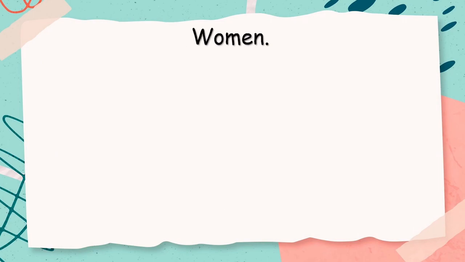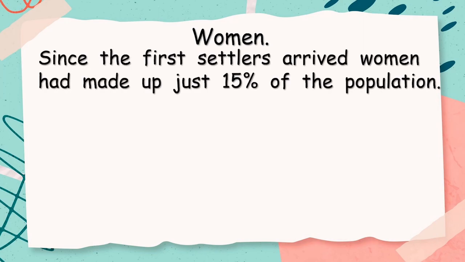Now, women. This is a very, very difficult place to live. So, not many women wanted to go there. Since the first settlers arrived, women had made up just 15% of the population.